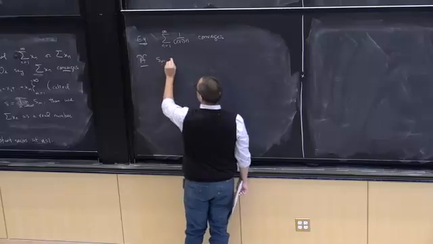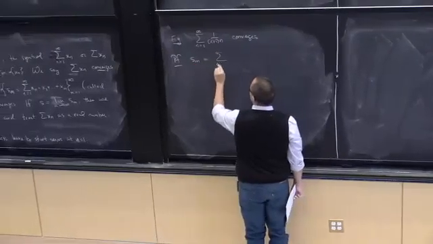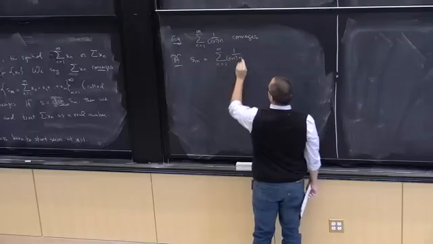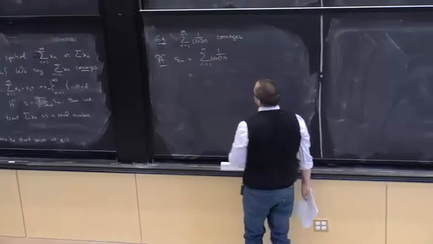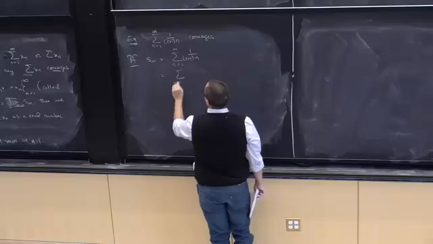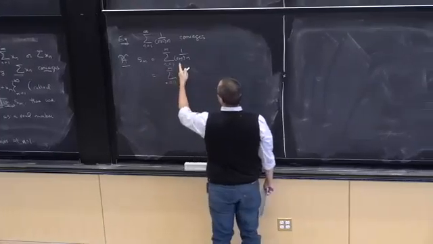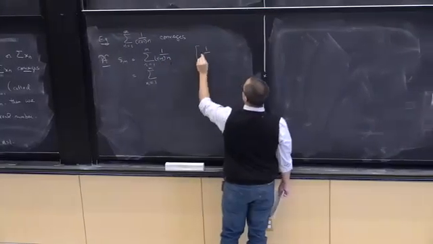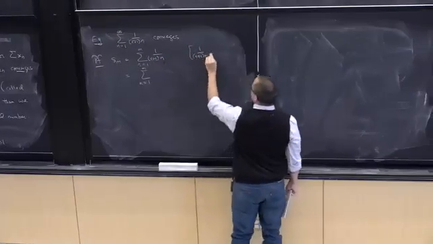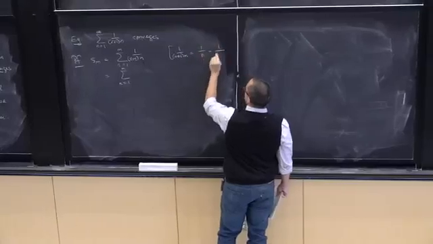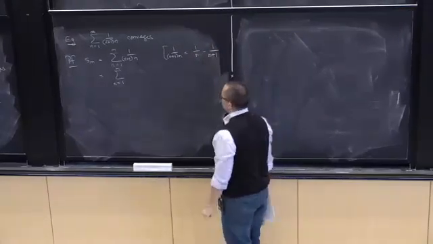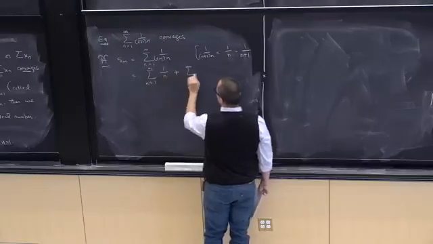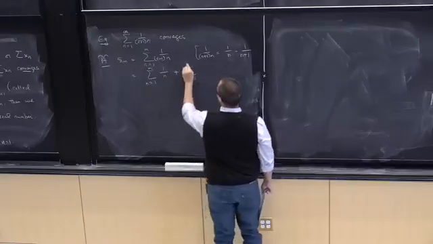If we look at the mth partial sum, this is the sum from n equals 1 to m of 1 over n plus 1 times n. Now if I write 1 over n plus 1 times n as 1 over n minus 1 over n plus 1, this is now the sum of 1 over n minus the sum of 1 over n plus 1; these are finite sums, so I can always split them up.